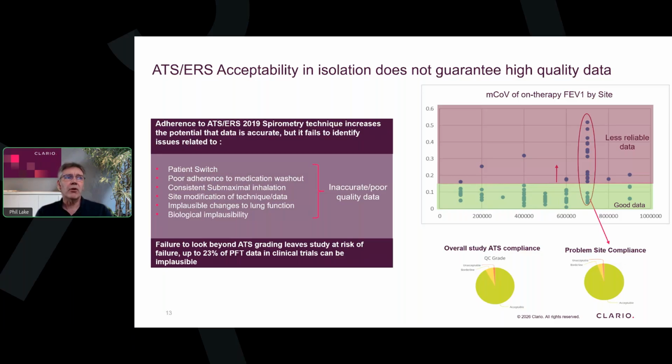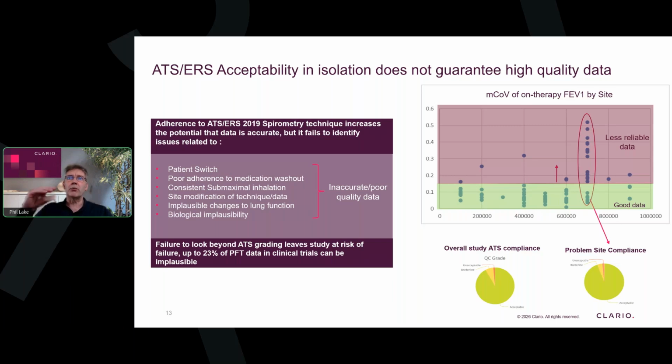Then finally, there are a couple of other things we use in terms of implausible changes to lung function. We look longitudinally at data to help work out whether transitions make sense. We also look at post-bronchodilator effects within a patient. If you take the reversibility, if you have an increased FEV1 response to a bronchodilator, you should also see a corresponding response in the FEV1/FVC ratio.